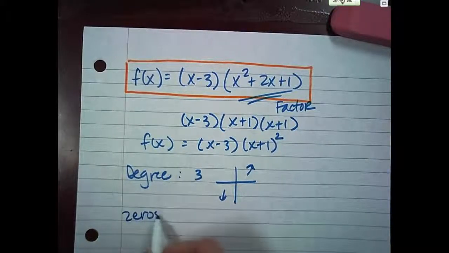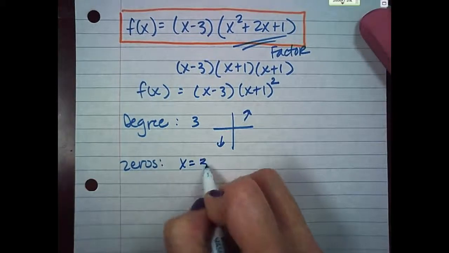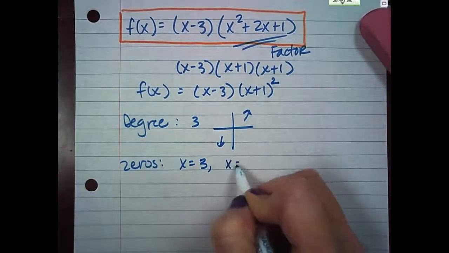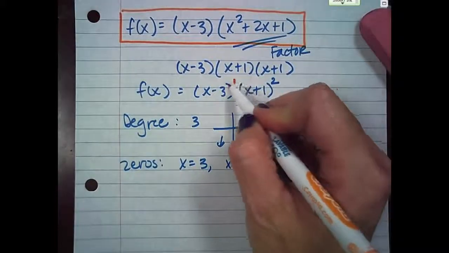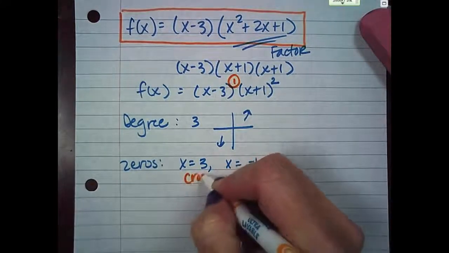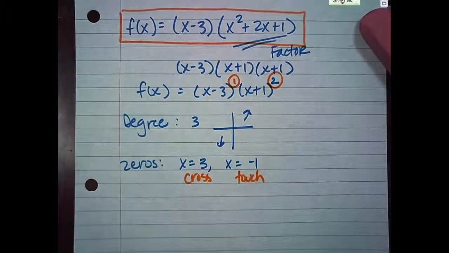Your zeros are x equals 3 and x equals negative 1. Okay, there's a 1 here, so at 3 you're going to cross. There's a 2 here, so you're going to touch.